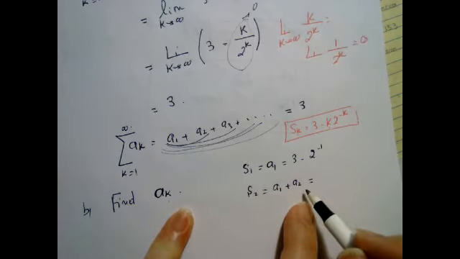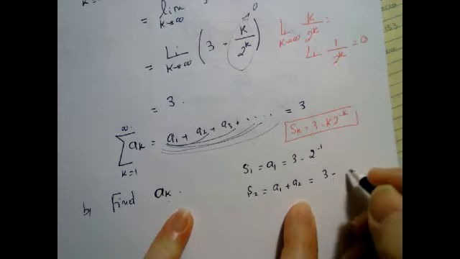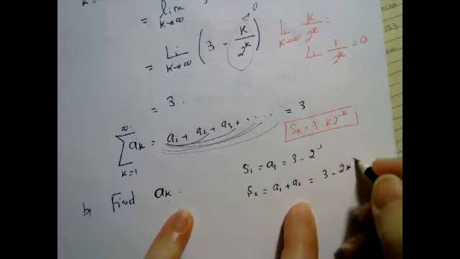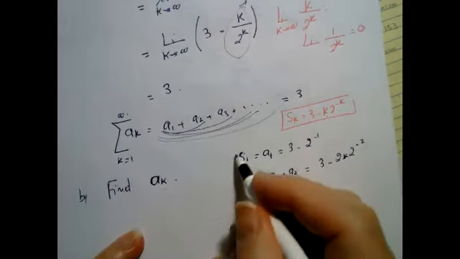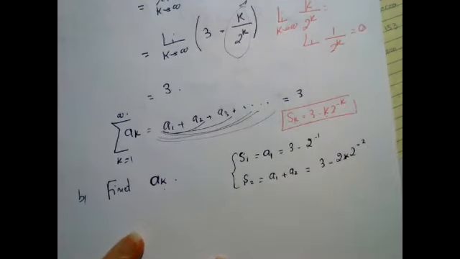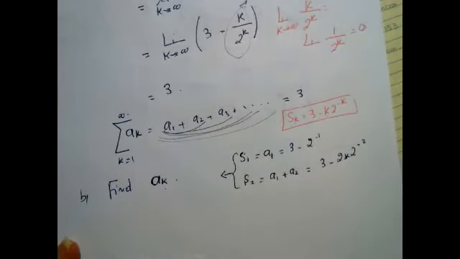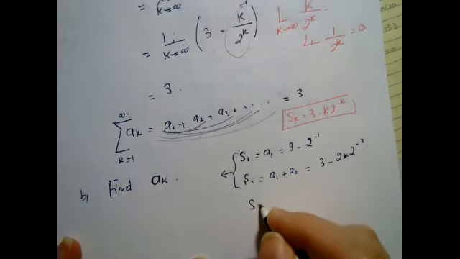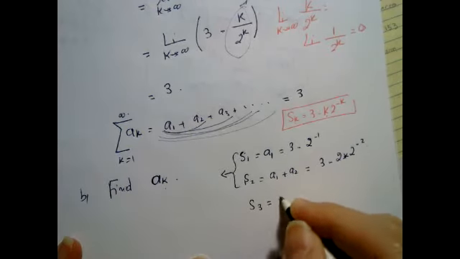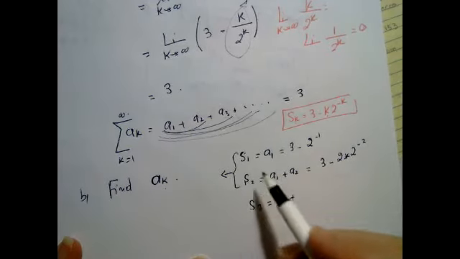a1 plus a2 is, according to the formula, 3 minus 2 times 2 to the minus 2. If I use S1 and S2, can I find a2? It's easier than you think. So you're just subtracting S1 from S2? Right.